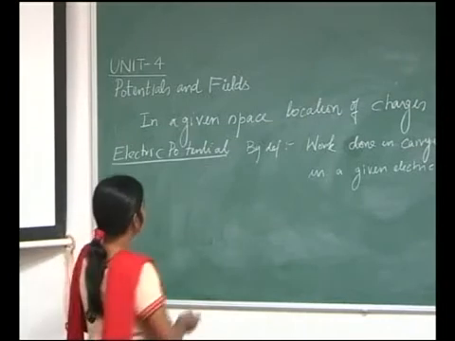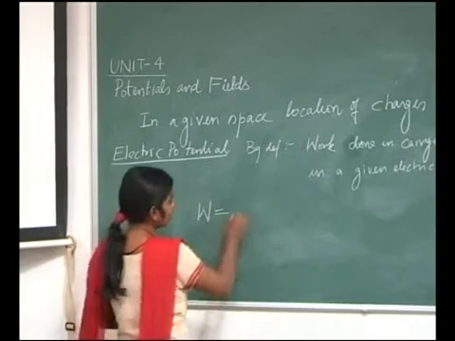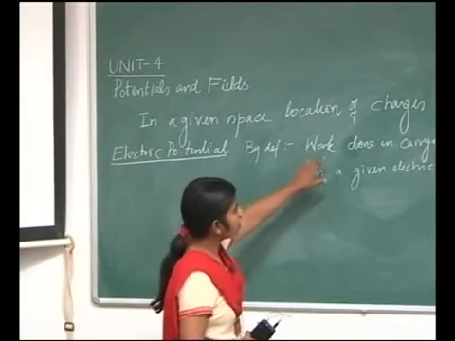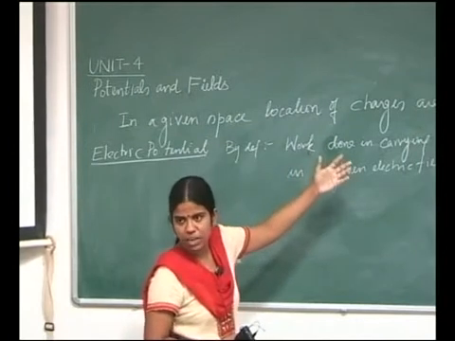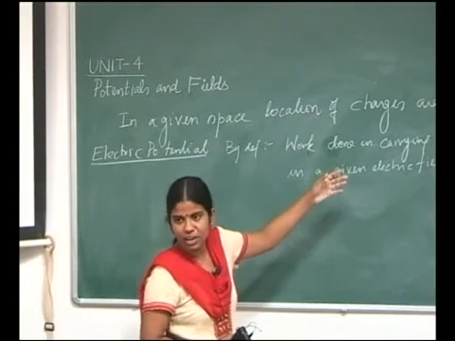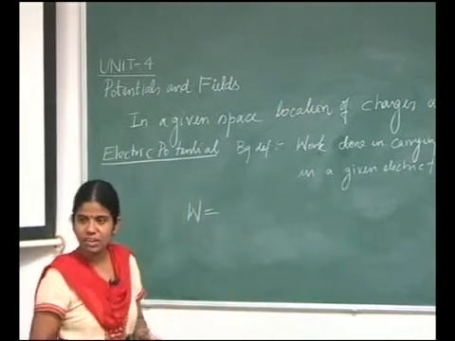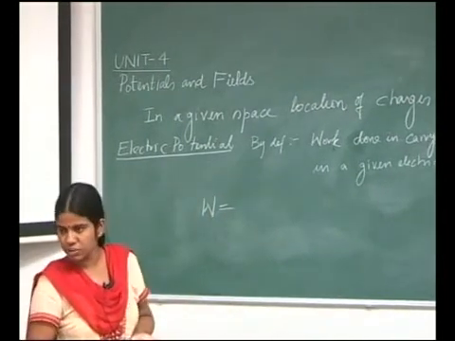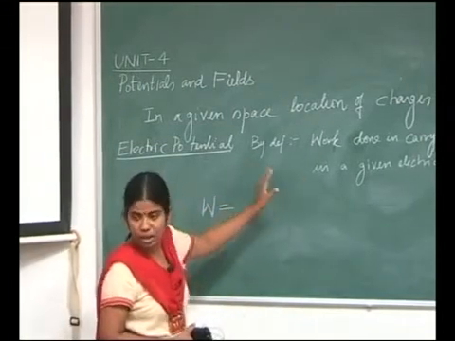work done is W is equal to, now if you are doing your work against the force, there must be a force, okay, then if the work is done against the field, then the work done is negative. If work is done along the field, then work done is positive. So, I assume that I am doing work against the field.